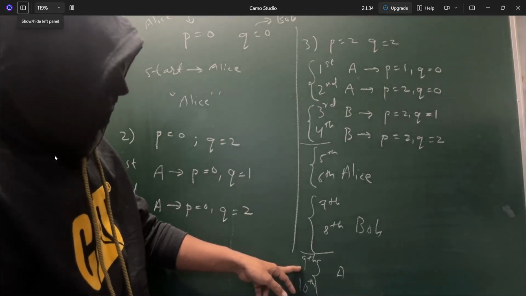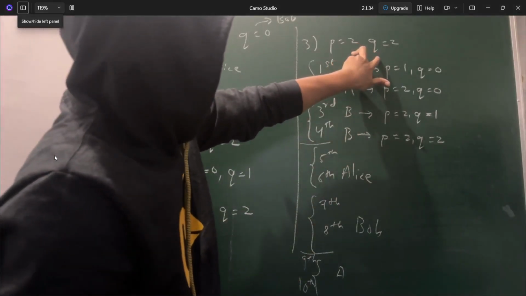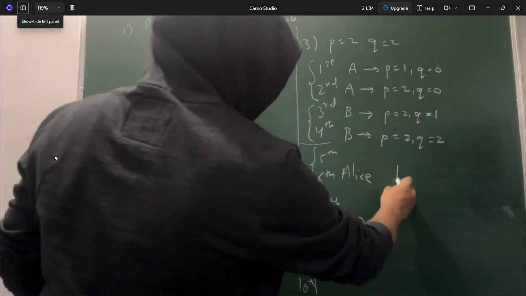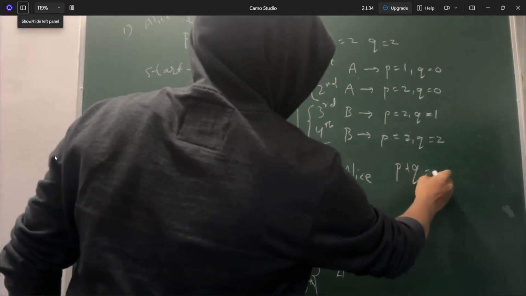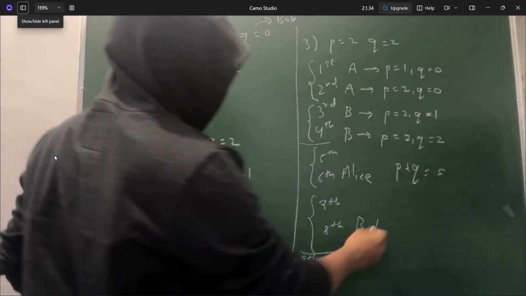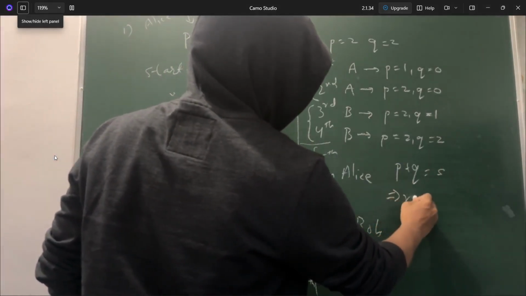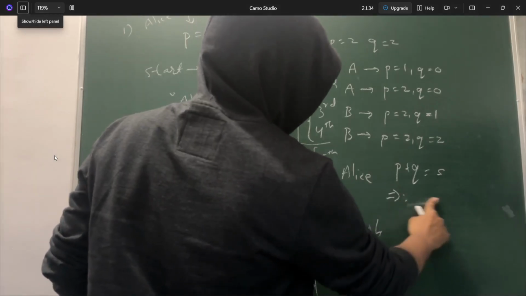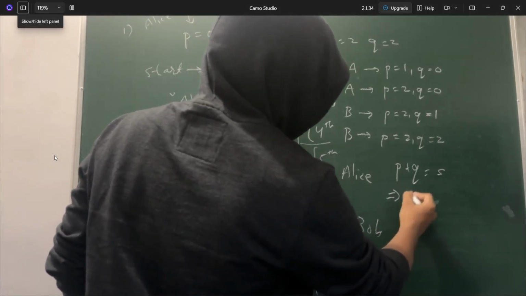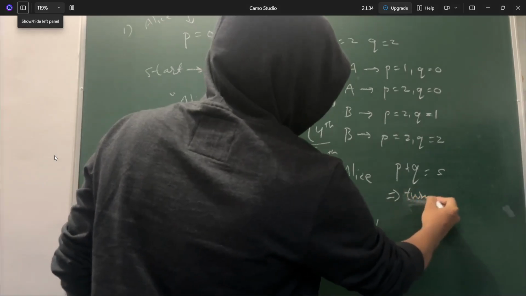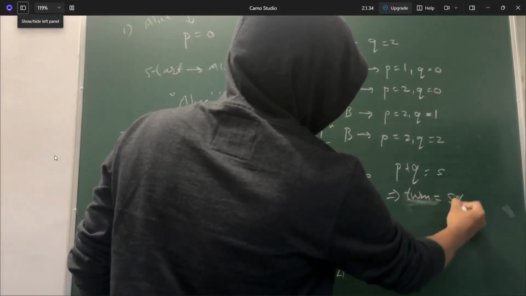So whatever the score is, we'll try to sum it up. We'll take P plus Q, and let me denote it as S. Now I'll find the remainder, or let me call it the service turn. That will be given by S modulo 4.